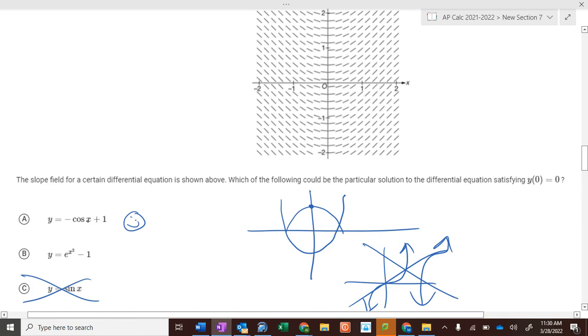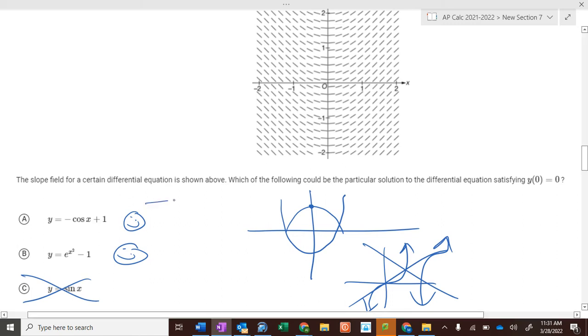If you put in a 0 for this, the cosine at 0 is 1. Negative 1 plus 1 is 0. So these at 0 are both the same. So we have to use some other point to distinguish between these two.